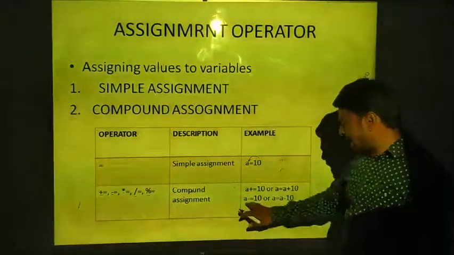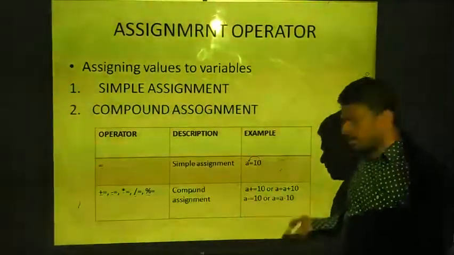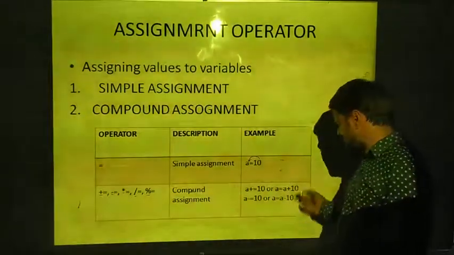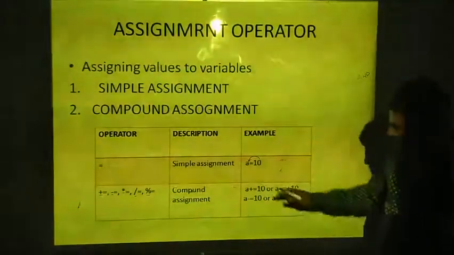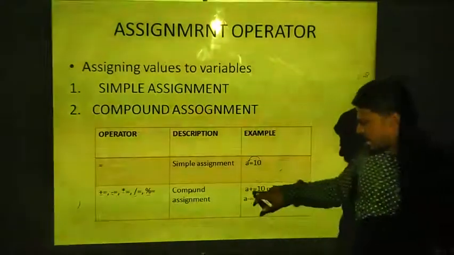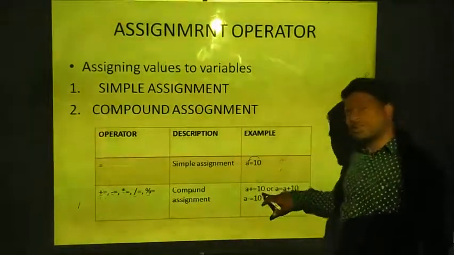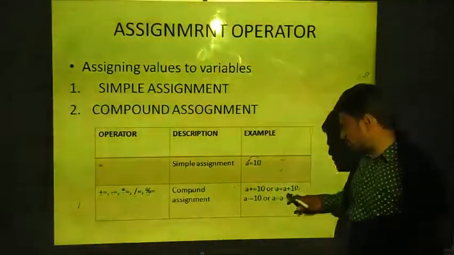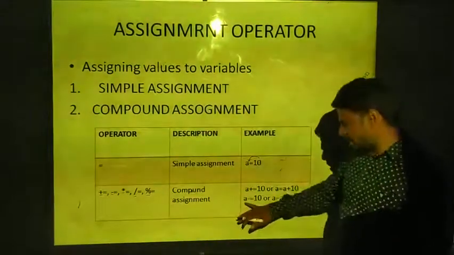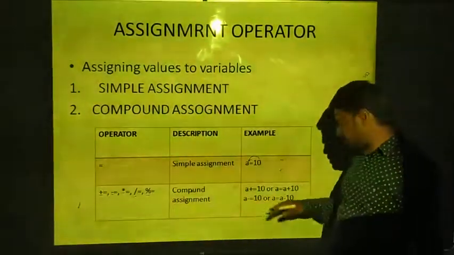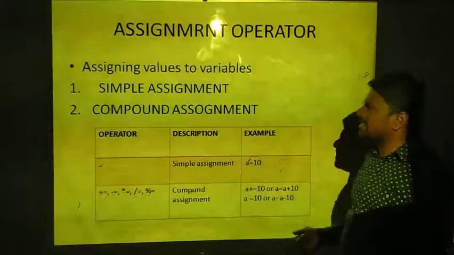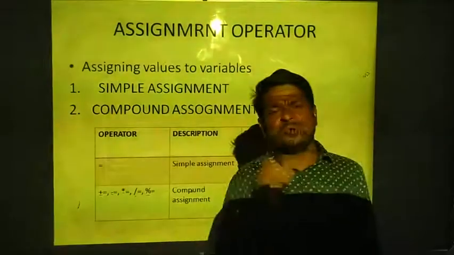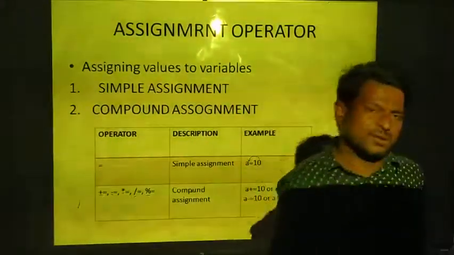Now a minus is equal to 10, or a is equal to a minus 10. These two will be expressions. Let us see one sample program for this assignment operator.